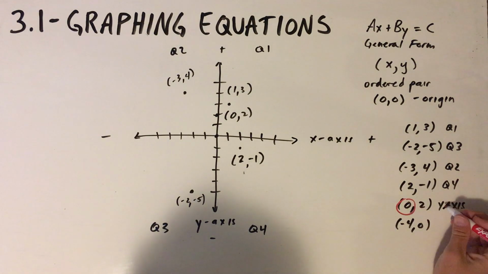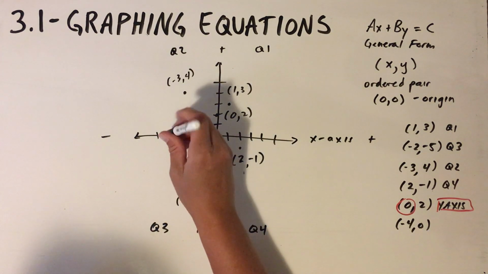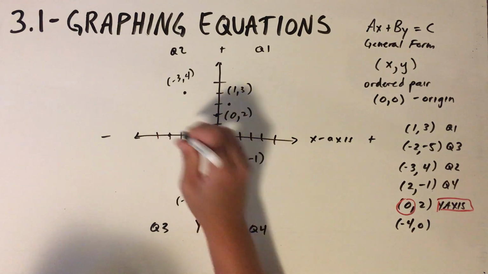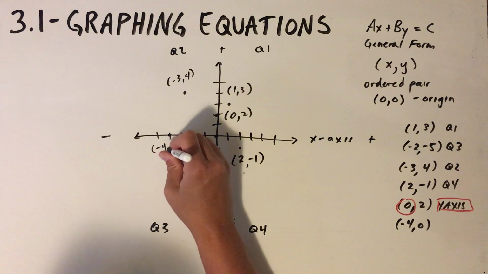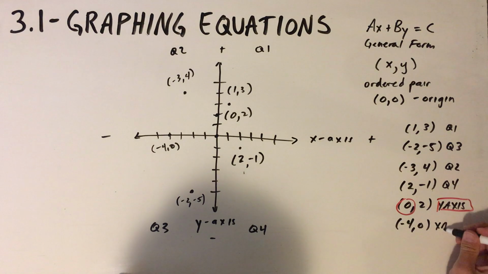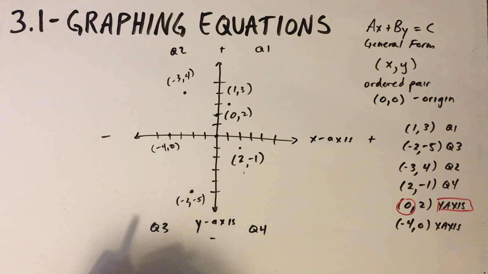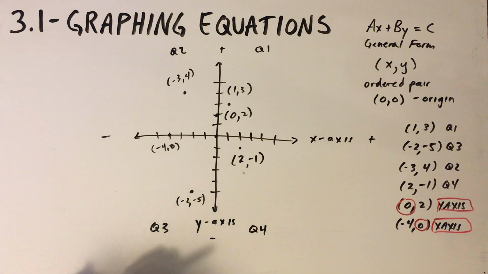Then this point here says that I'm going to go to negative 4, 1, 2, 3, 4, and I'm not going to move at all in the y direction. So this point here is on my x-axis. And again, I want you to note that you're on your x-axis when y is 0. So that's kind of the intro to the XY coordinate system.